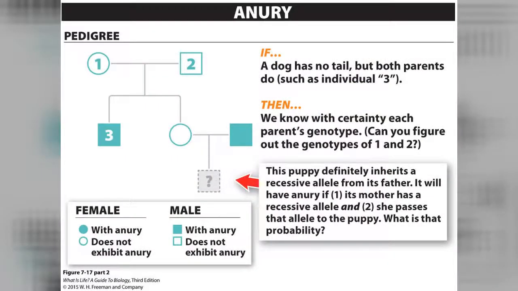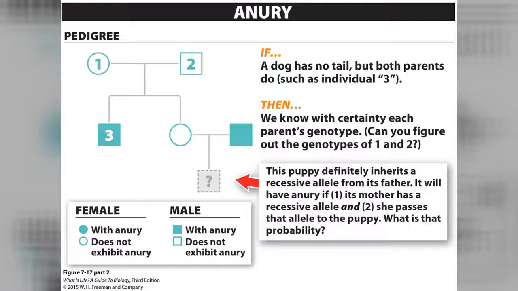Can you determine the genotype of the individual labeled 1 in the image shown here on the screen? Why must that female be heterozygous, which is big A, little a, for anury? By the way, remember, an individual that carries one allele for a recessive trait and so does not exhibit the trait but can have offspring that do is referred to as a carrier of the trait. Must her mate have the same genotype?